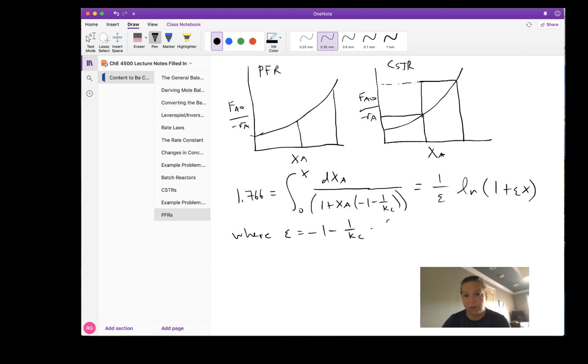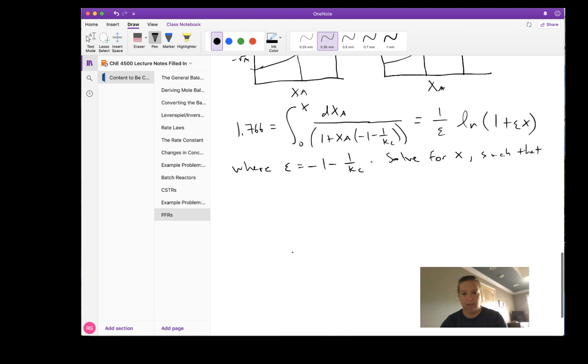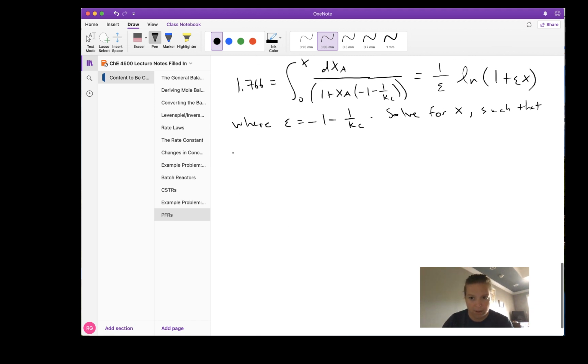And this time I'm going to solve for x such that I get a value of 1.766.